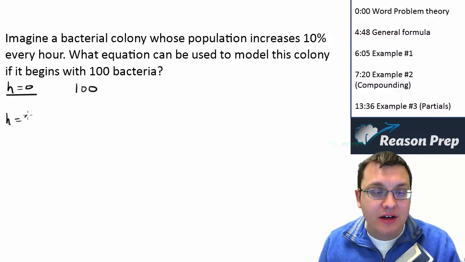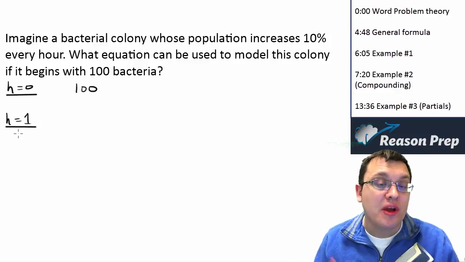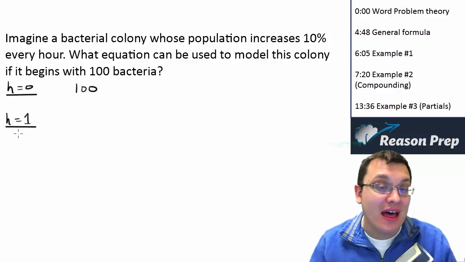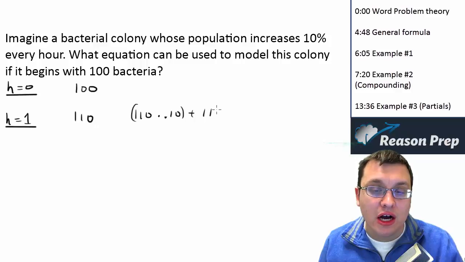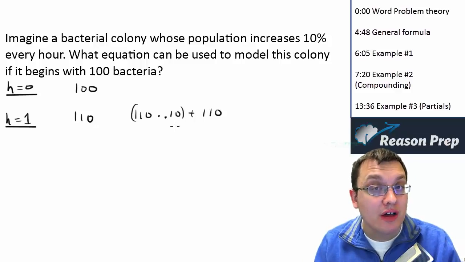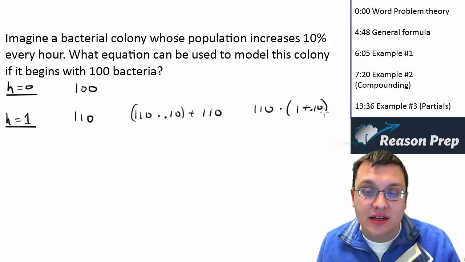How many bacteria would we have at hour 1? Well, it's a 10% increase. So 10% of 100 is 10. You add that on, and you would get 110. Or, remember our shortcut, the percent trick, it's the same thing as 100 times 1 plus the percent increase.